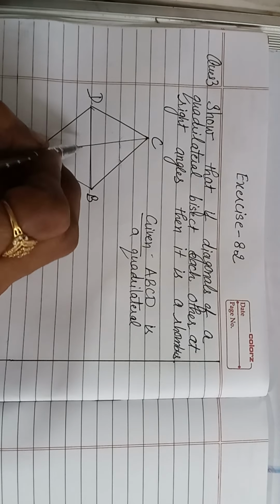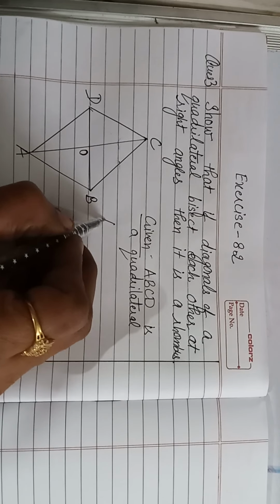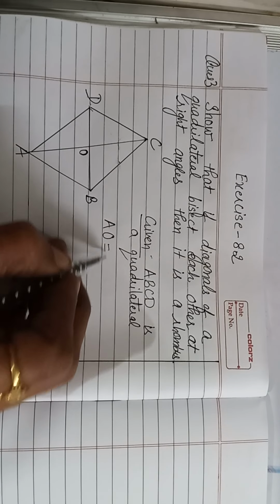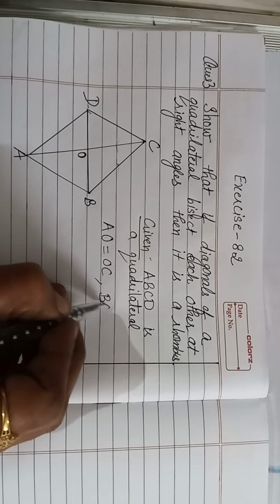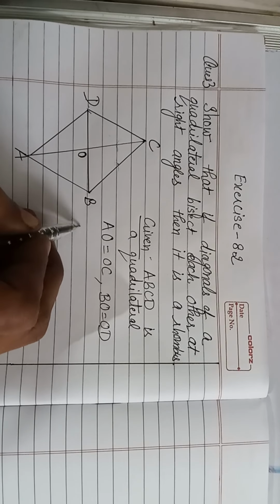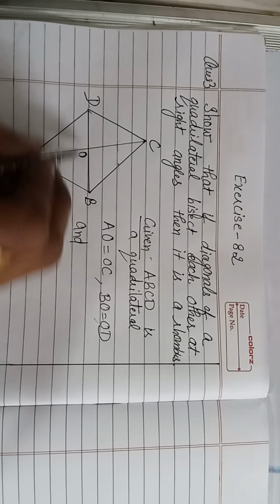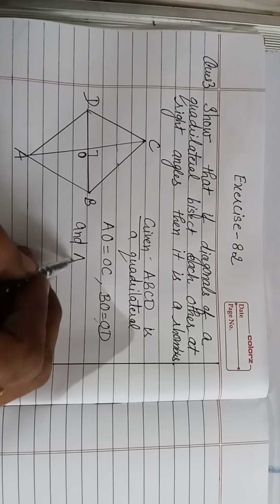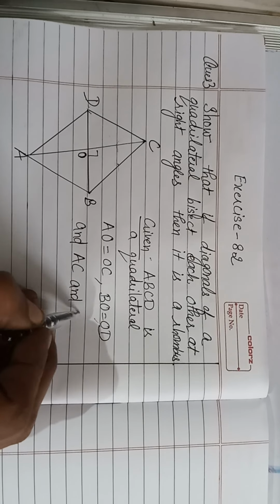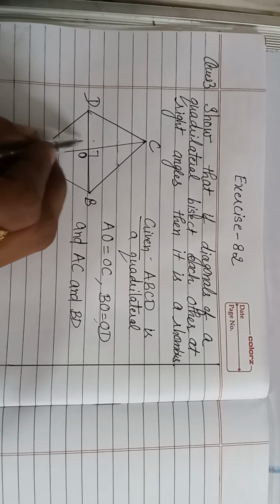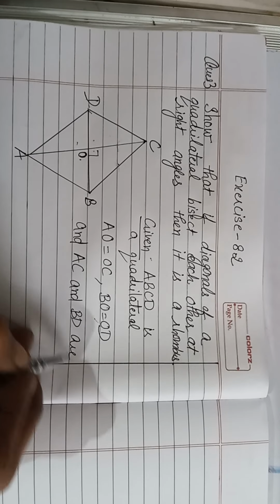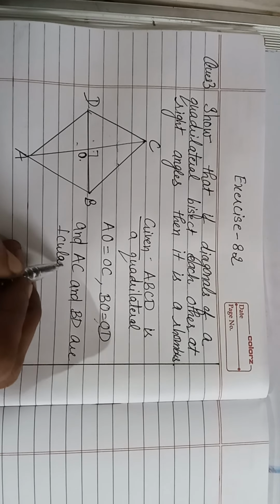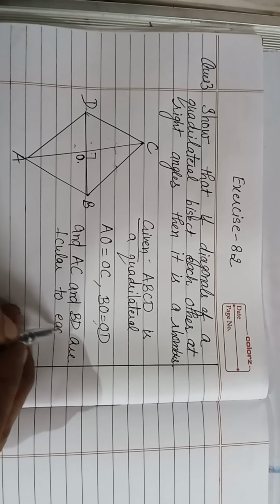If they intersect at O, it has been given that AO is equal to OC, BO is equal to OD, and AC and BD are perpendicular to each other. These all four angles are 90 degrees. This has been given to us.